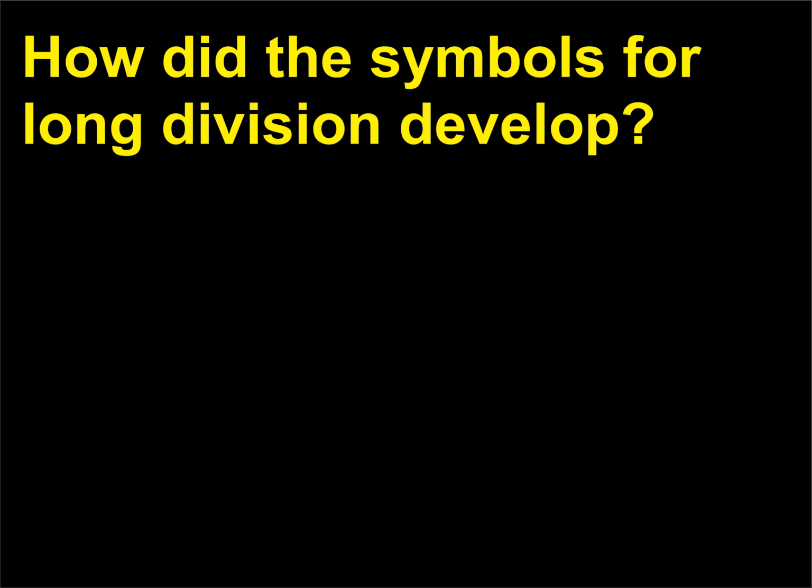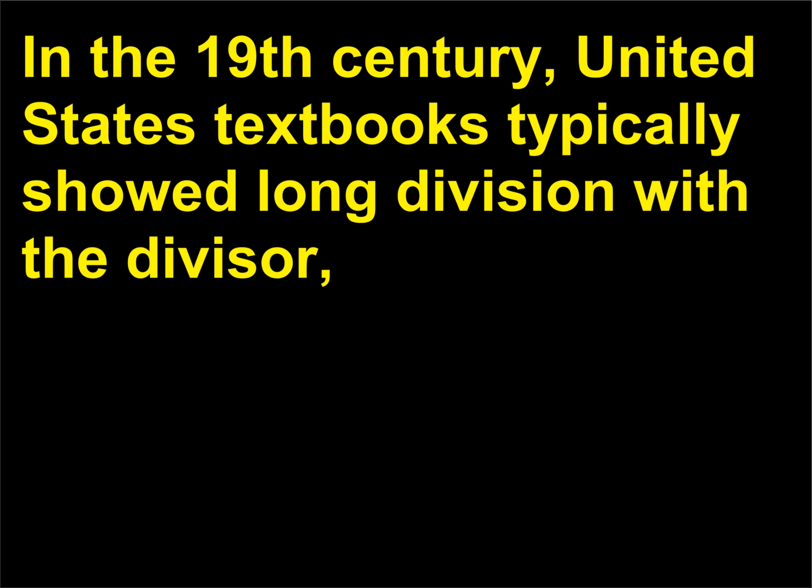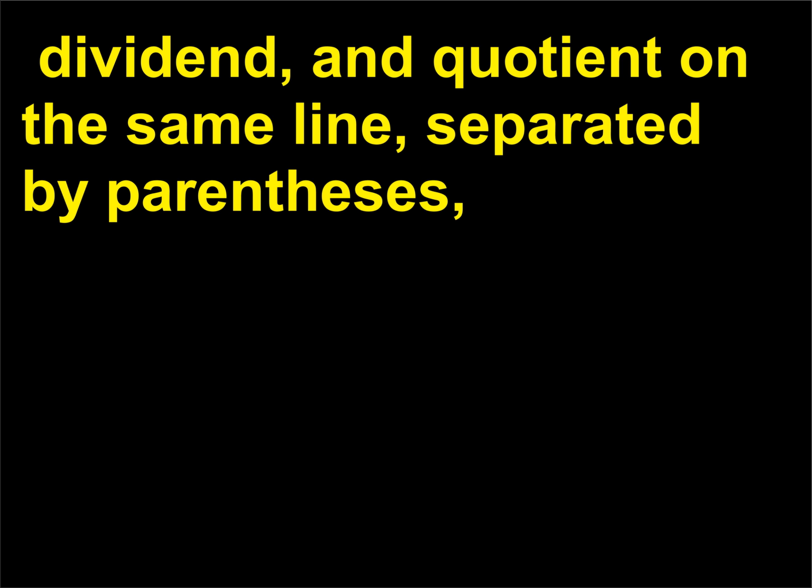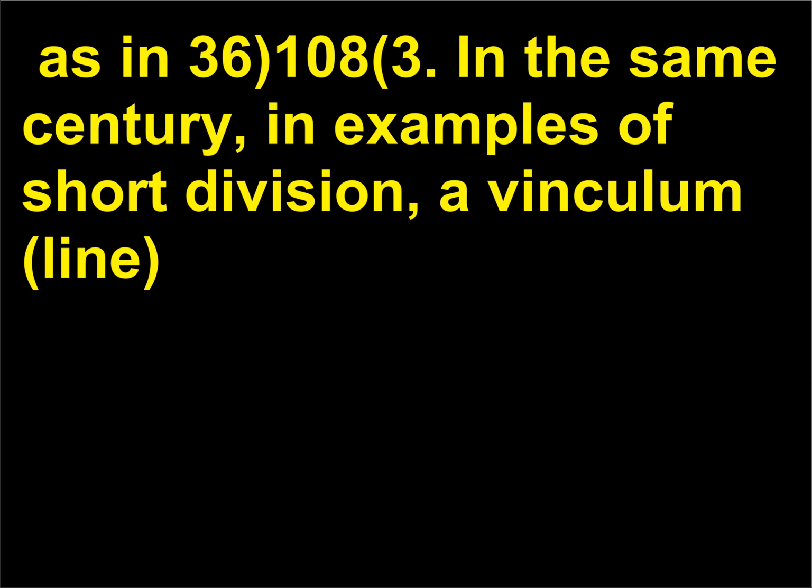How did the symbols for long division develop? In the 19th century, United States textbooks typically showed long division with the divisor, dividend, and quotient on the same line, separated by parentheses, as in 36)108(3.